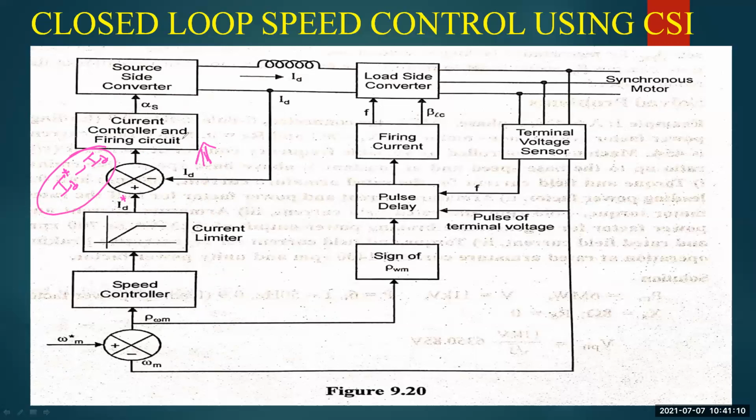This firing circuit generates triggering pulses to the source side of the converter, that is called alpha S. I already explained this source side converter.